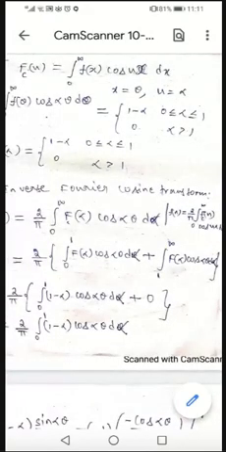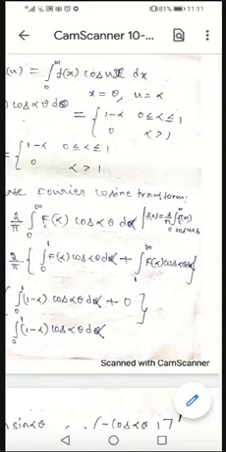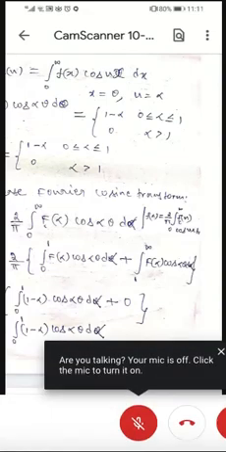Now 2 by pi, and this 0 to infinity is bifurcated into two parts: one is 0 to 1, and the other is 1 to infinity.